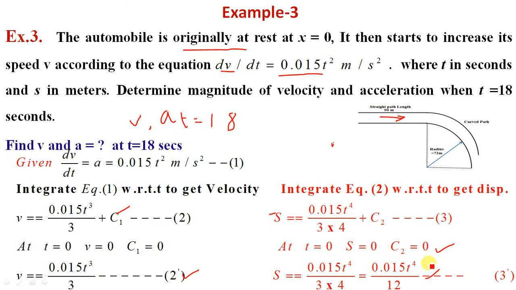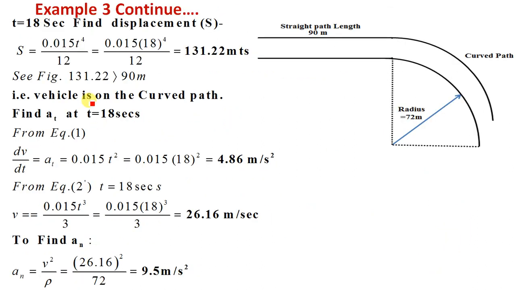Now from this equation we can find out the displacement at t equal to 18 seconds, whether it is on the straight path or on the curved path. Okay, now substitute in equation 3 t equal to 18. So you will get the displacement 131.22 meter.